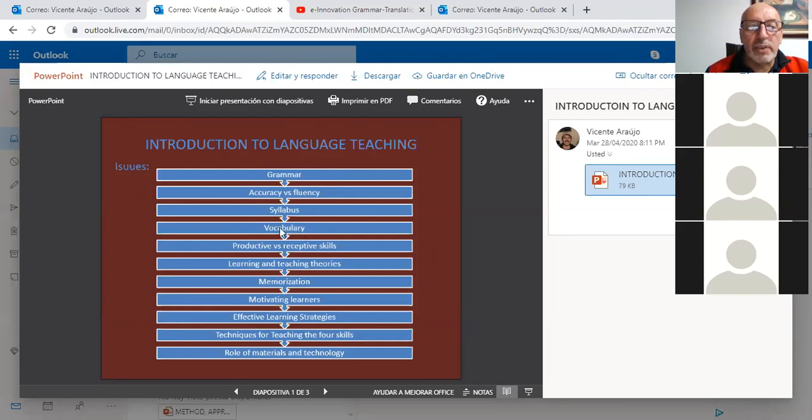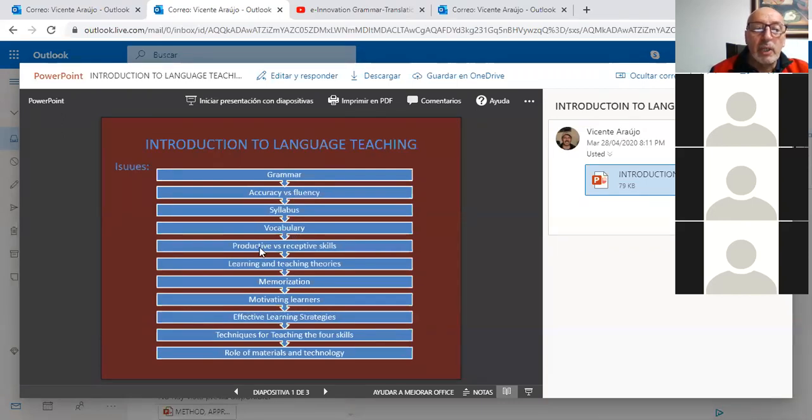Or you just need perhaps the most important 100 words? Sometimes you can't express ideas to someone else because you don't know the exact words. So there has been a discussion about grammar, accuracy or fluency, the best type of syllabus, and also the role of vocabulary.